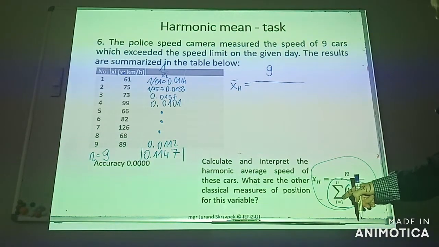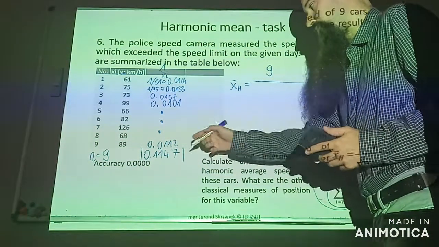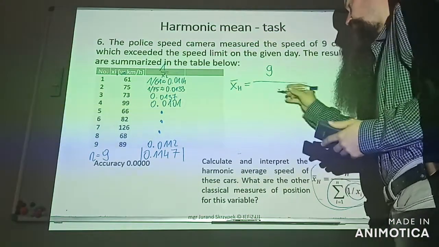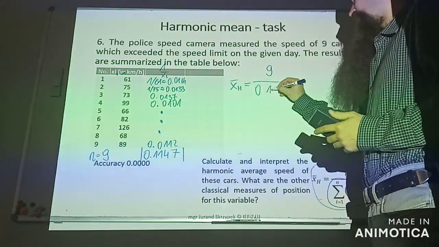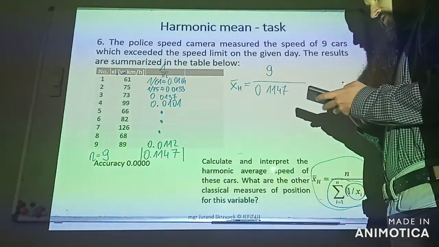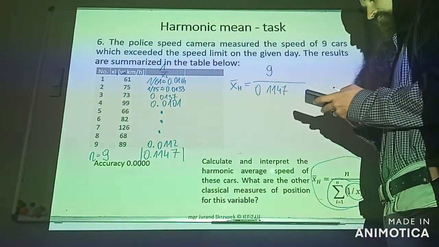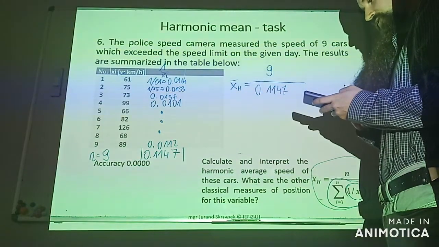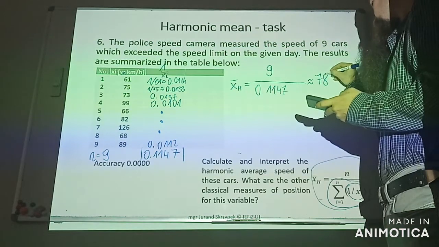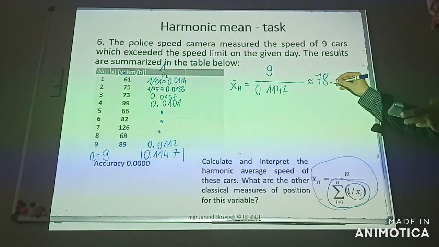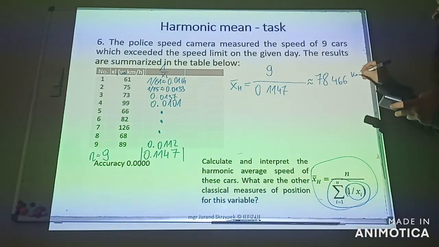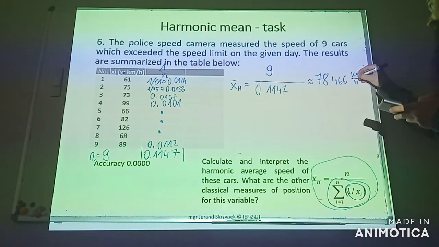Here we have our sum that we have computed, 0.1147, and 9 divided by 0.1147 is about 78.466 kilometers per hour.